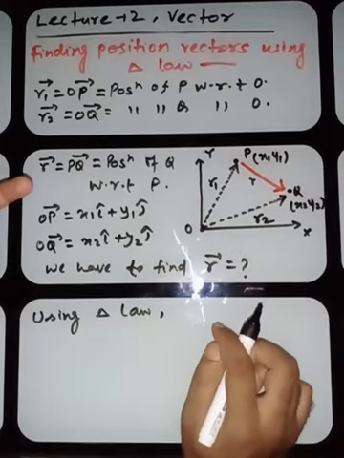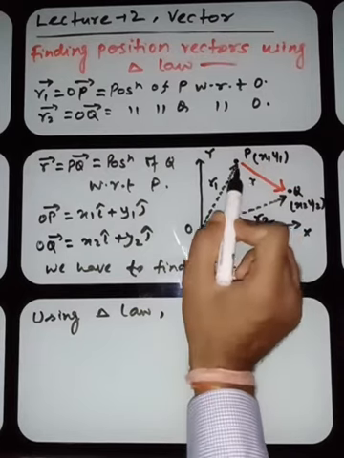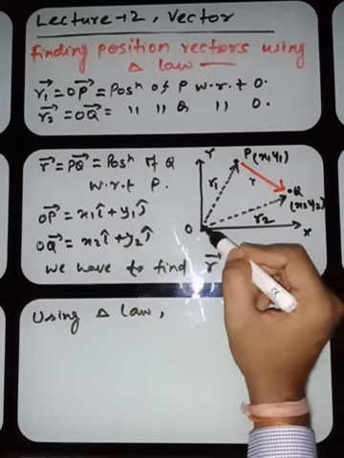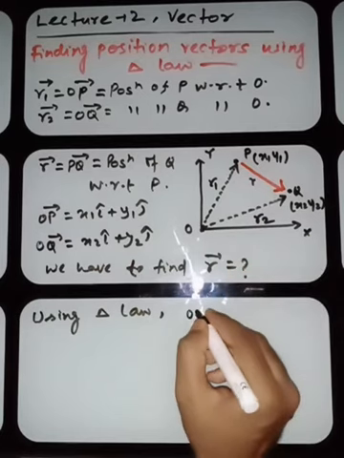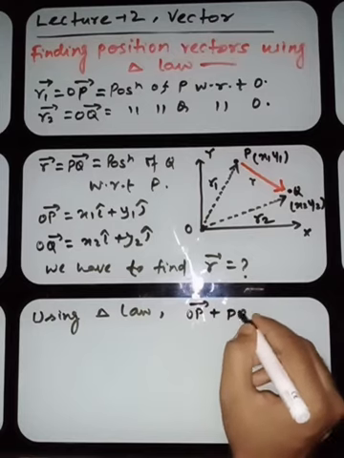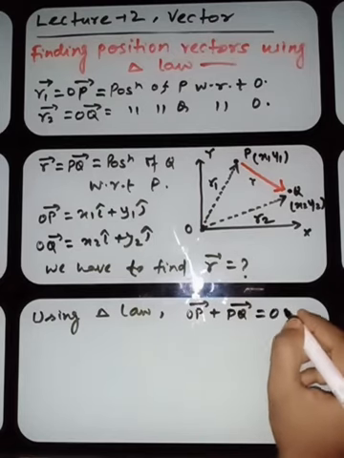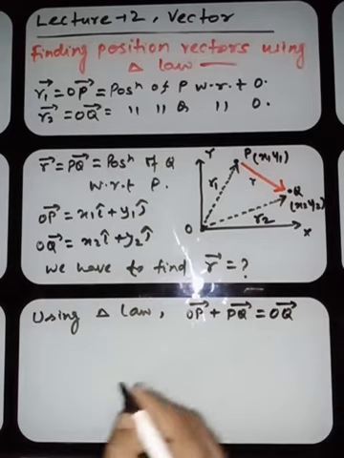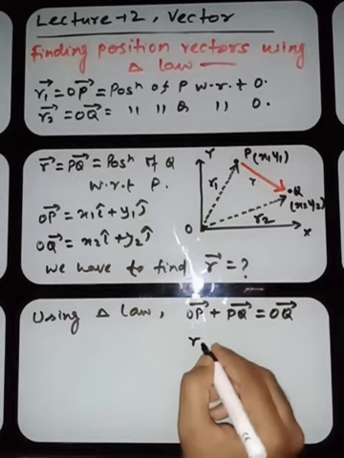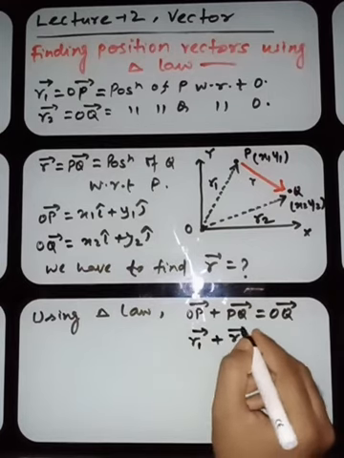Which two vectors should be added to find the third one? Which one is the resultant? Is this red one the resultant? The answer is no. Using this triangle, OP plus PQ, these two in the same flow, is equal to OQ. It means vector R1 plus vector R is equal to vector R2.